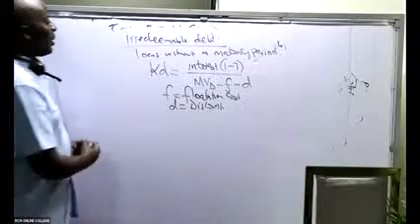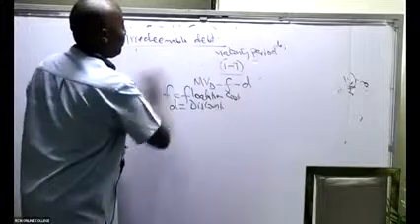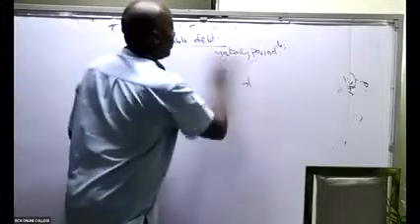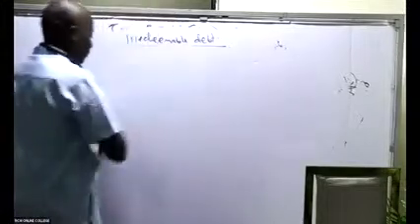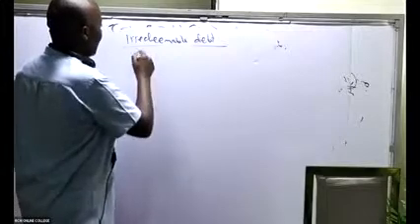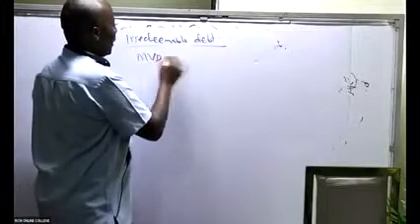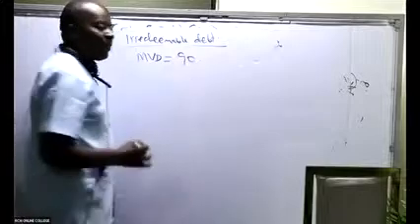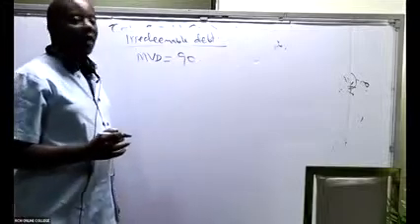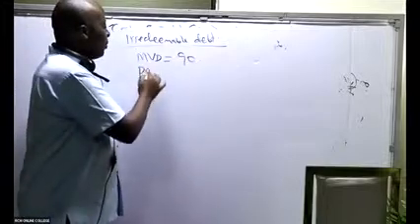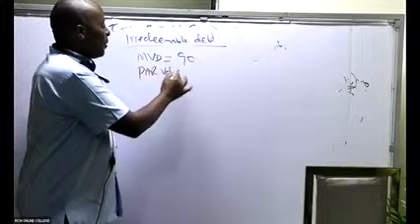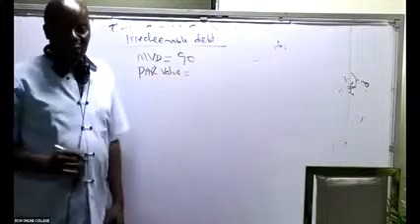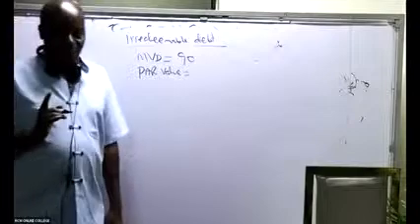So remember, they have told us the market value of debt is 90. So if the market value of debt is 90, what will be the company's bond par value? What is our par value?